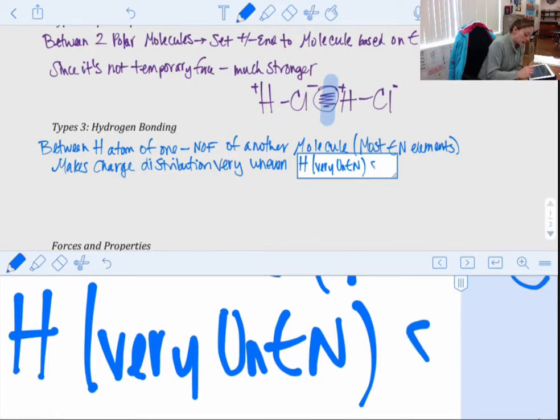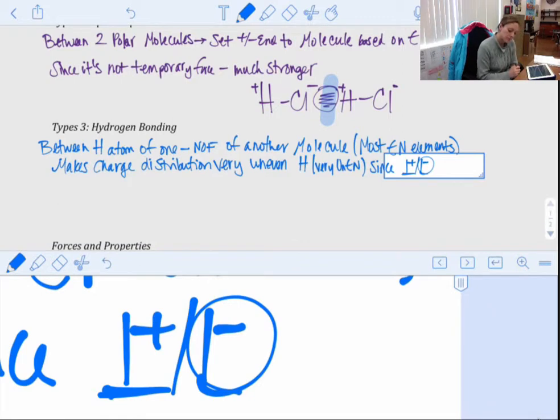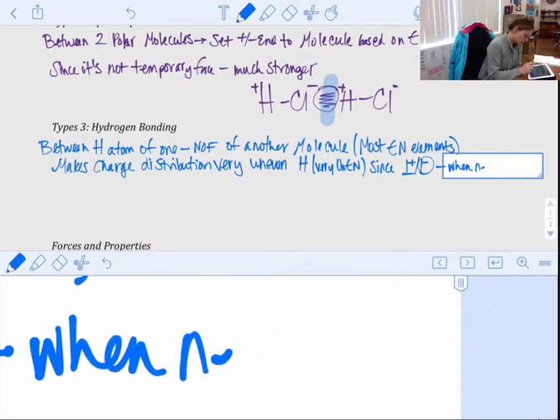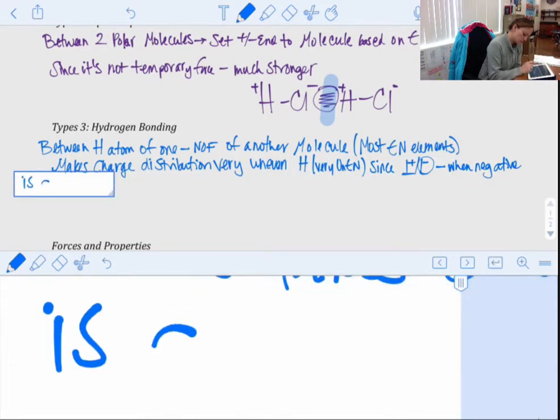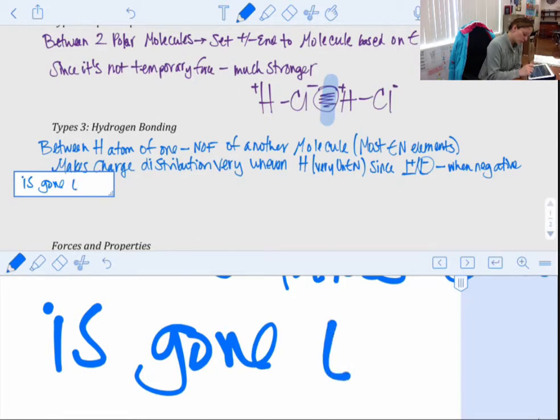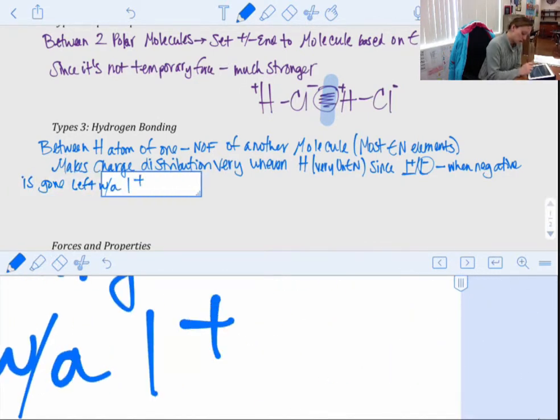And since he's only one positive and one negative, if he loses his negative to somebody else, he really only has a one positive left. So when your negative is gone, you're left with a 1 plus charge.